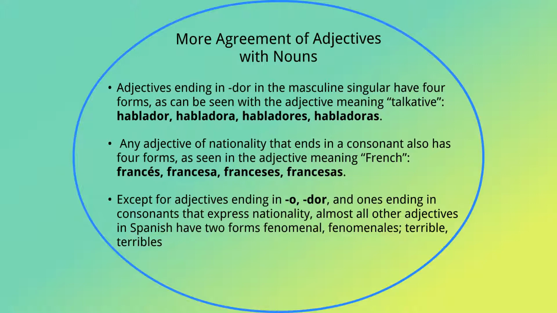Any adjective of nationality that ends in a consonant also has four forms, as seen in the adjective meaning French: francés, francesa, franceses, francesas. Except for adjectives ending in o, dor, and ones ending in consonants that express nationality, almost all other adjectives in Spanish have two forms. For example: fenomenal, fenomenales, terrible, terribles.